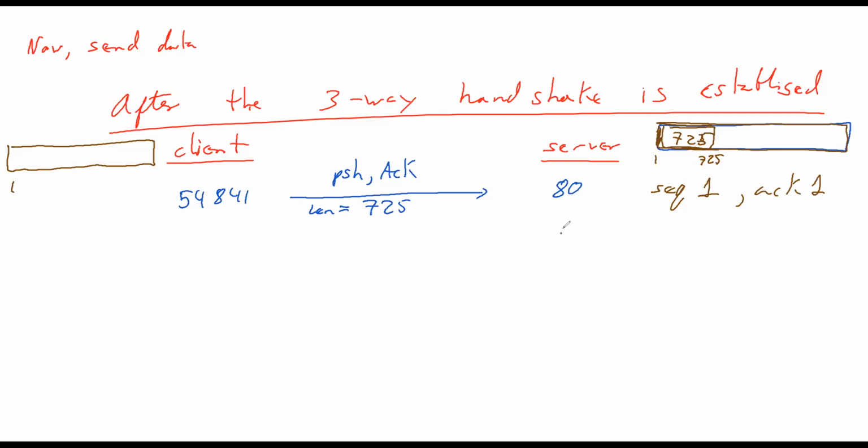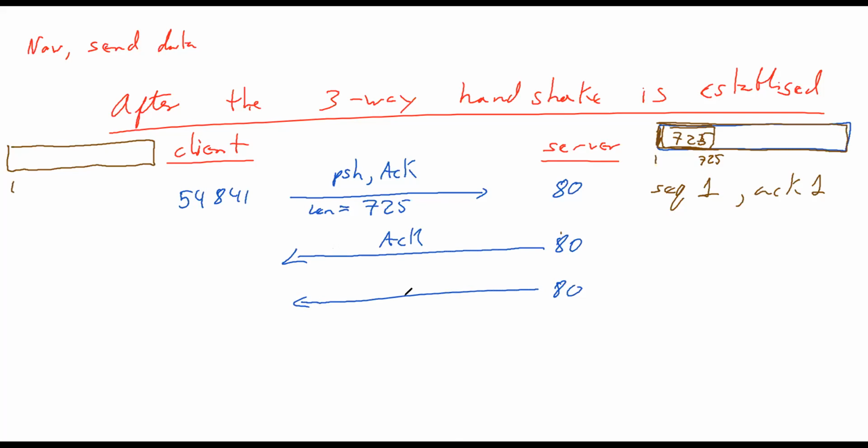Now the server is going to reply. It's going to do two things, let's say. It's going to send an ACK reply, but it will also send its own data, its own amount of data.